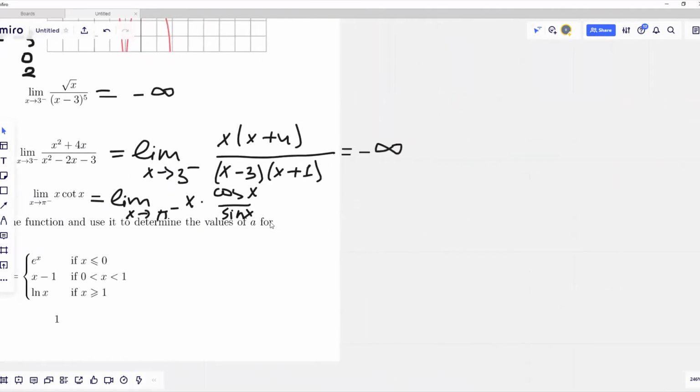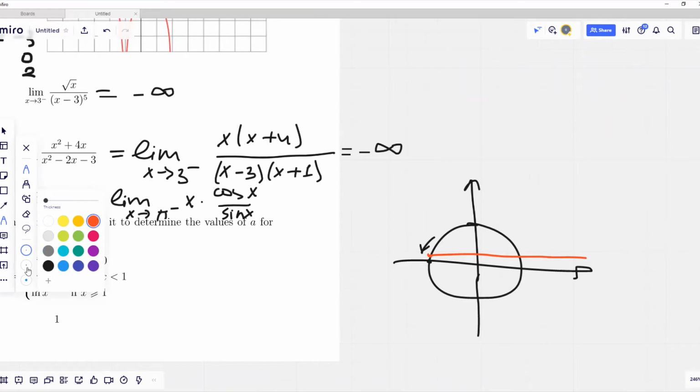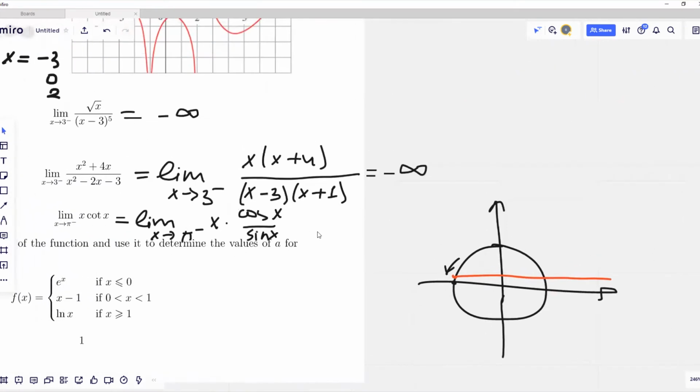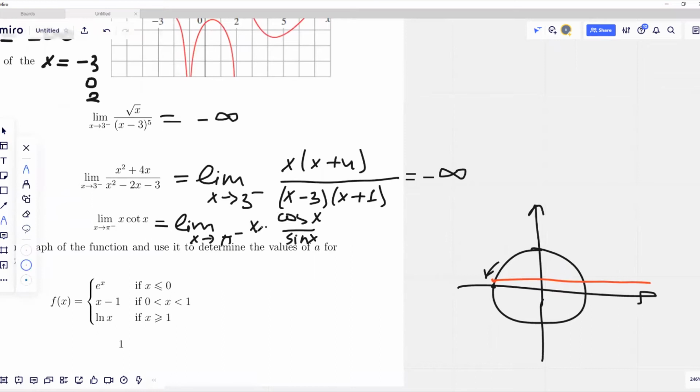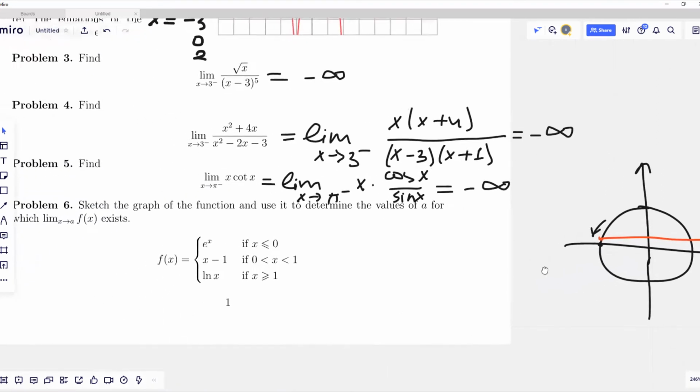If we take a look at the unit circle, then if we approach pi from the left side, so if we take some value that is slightly less than pi, then sine is going to be some small positive number, and cosine is equal to -1. So this is pi multiplied by -1 over some small positive number, which is minus infinity. You can also confirm that by looking at the graph of cotangent of x.